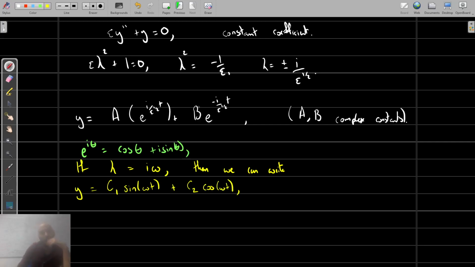So if you get an imaginary lambda, the better thing to do than using these complex exponentials is to just use sine and cos.